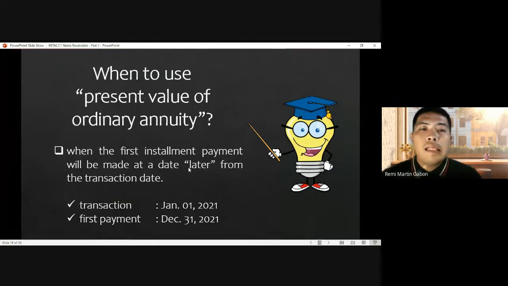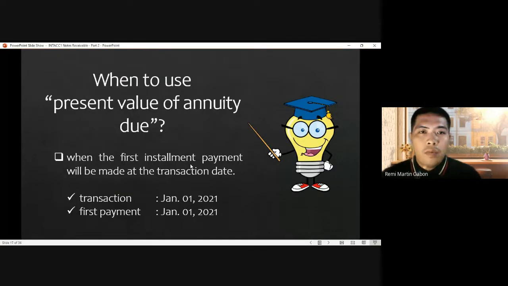While for the present value of annuity due, the first installment payment will be made at the transaction date, the moment of transaction. So the transaction date, for example January 1, 2021, should also be the first payment date. Okay? Meaning, there is no substantial period of time within which we can compute interest.